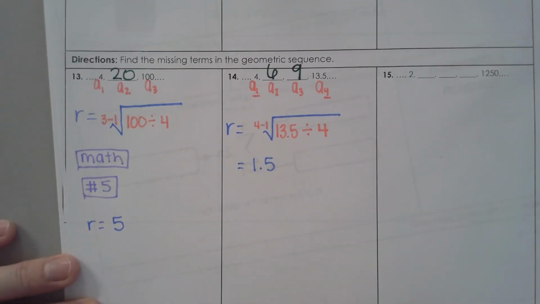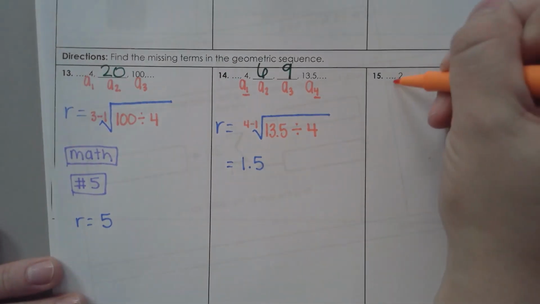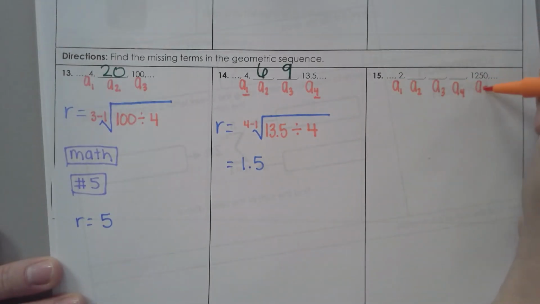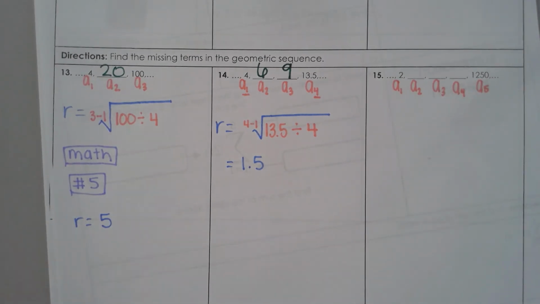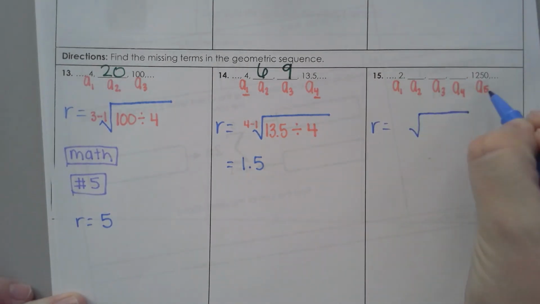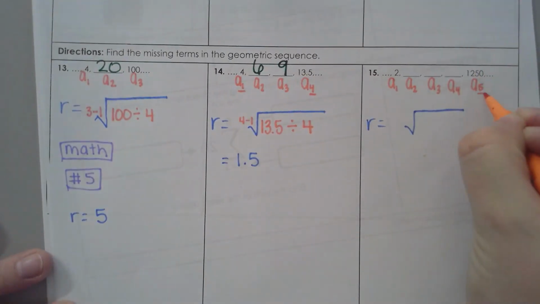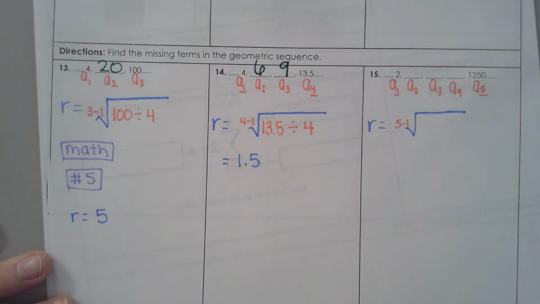And the last one, go ahead and label A1, A2, A3, A4, A5. It's going to be a 5 minus 1, or a 4th root.